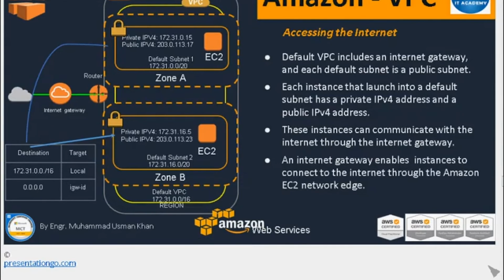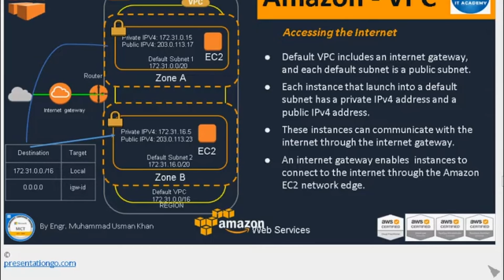So in this third scenario, we have one region with two zones and one CIDR block. The CIDR block is 172.31.0.0/16, and we have two different subnets, 172.31.0.0/20 and 172.31.16.0/20.